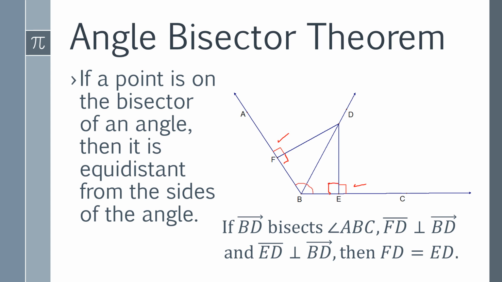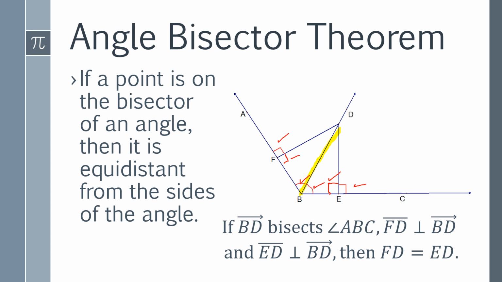So because this angle is congruent to this angle, and this angle is congruent to this angle, and we have a common side, this segment is congruent to itself.